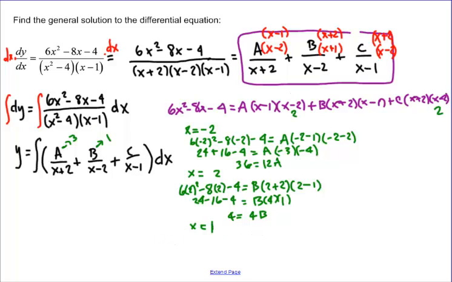And then on the last guy, when I plug 1 in everywhere, this first term is going to go away. When I put a 1 in here, this guy is going to go away. And so that just leaves me a c. So what I end up with is 6 times 1 squared minus 8 times 1 minus 4 equals c times 1 plus 2 times 1 minus 2.